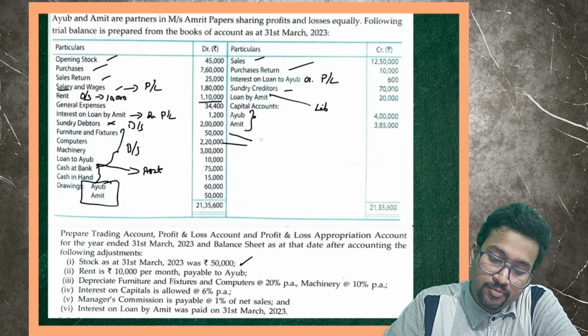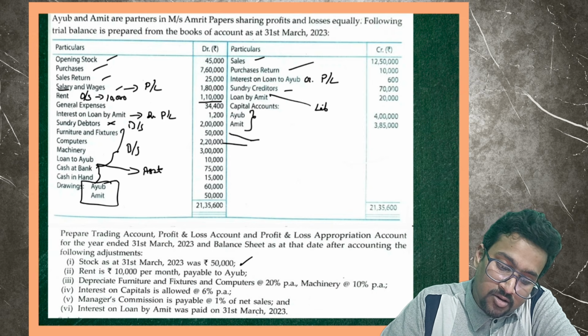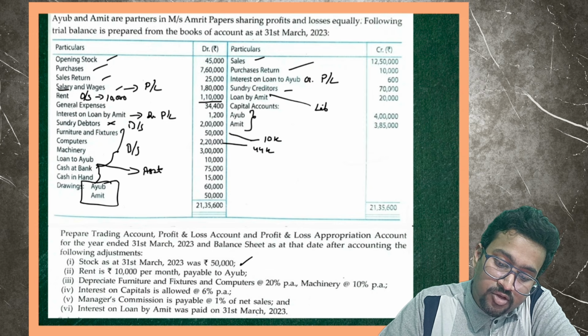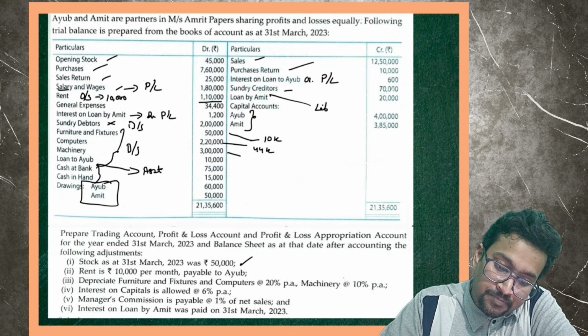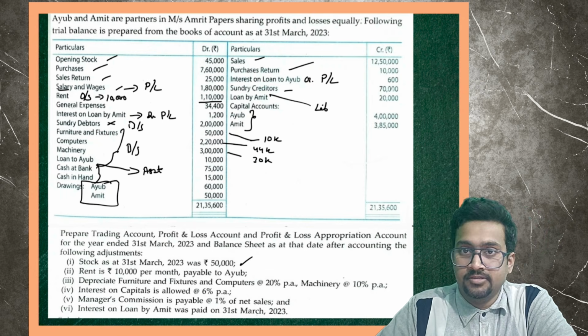On these two we have to put the depreciation at the rate of 20%, means on furniture and fixtures it will be 10,000 of depreciation and this one will be 44,000 depreciation, and on machinery it's 10%, means just 30,000.